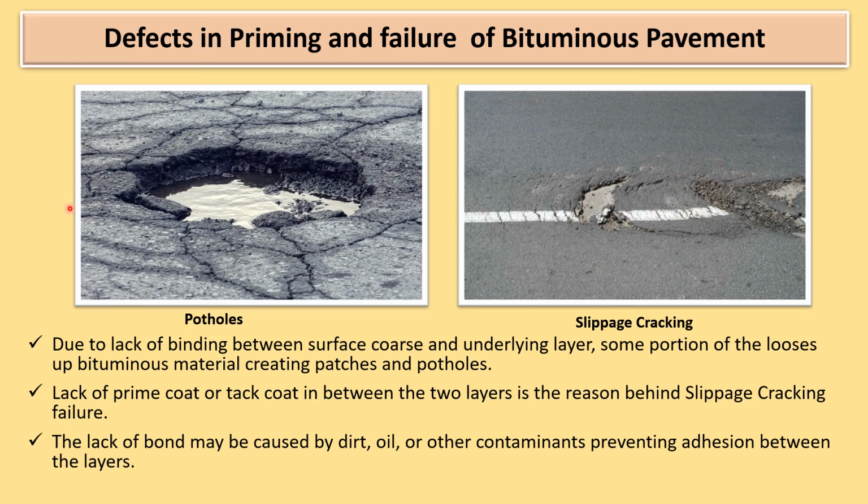Potholes are created due to the disintegration of some portion of the loose bituminous material in the bituminous surface course and due to the lack of binding between the surface and the underlying layer. The lack of bond may be caused by dirt, oil or other contaminants preventing adhesion between the layers.